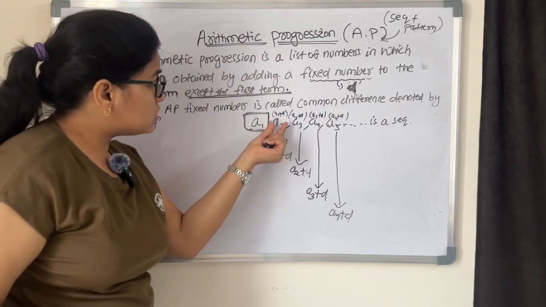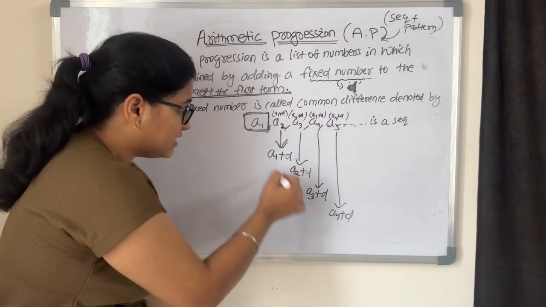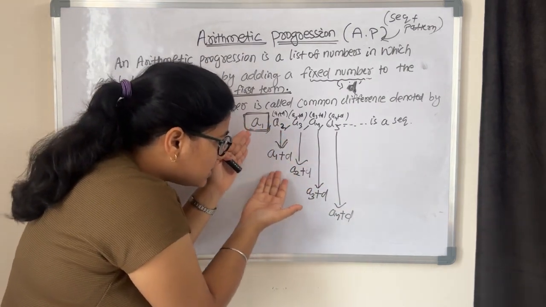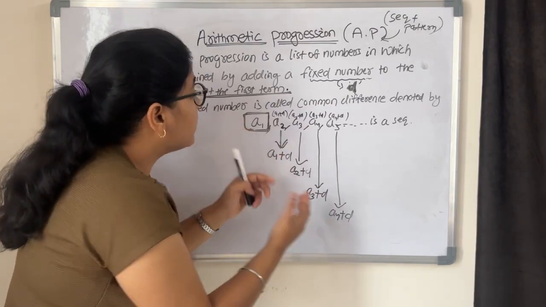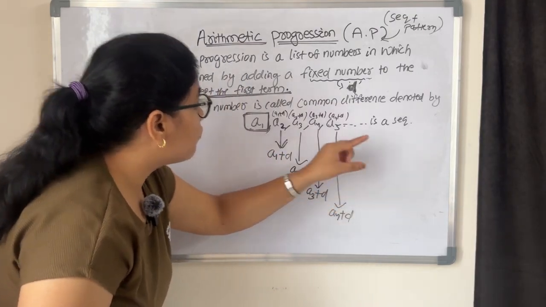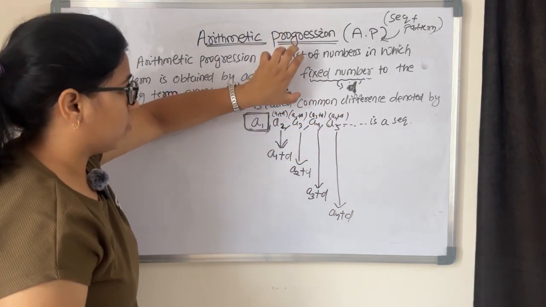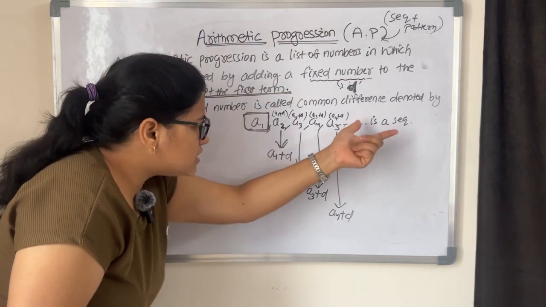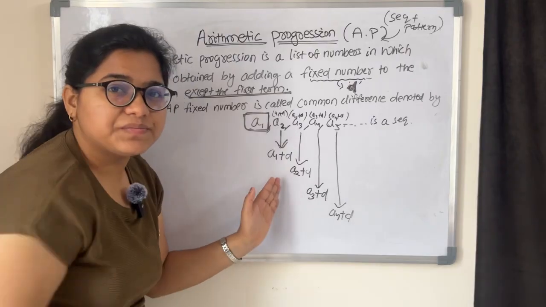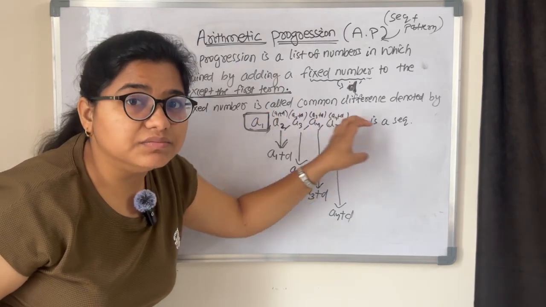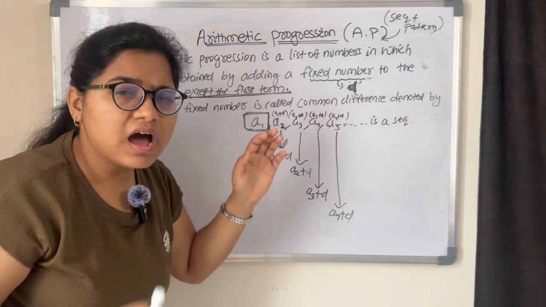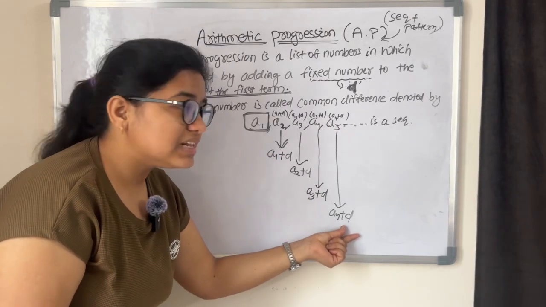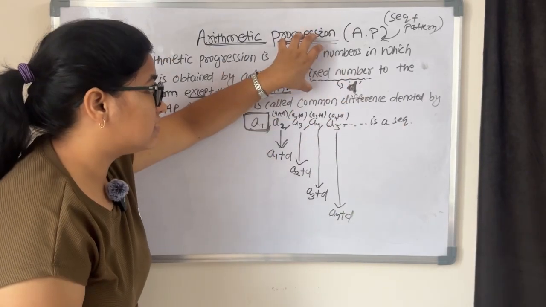If the terms are obtained like this, if the sequence is following this pattern, satisfying this definition, meaning the terms except the first term are obtained like this, then we can say the sequence satisfies this definition.